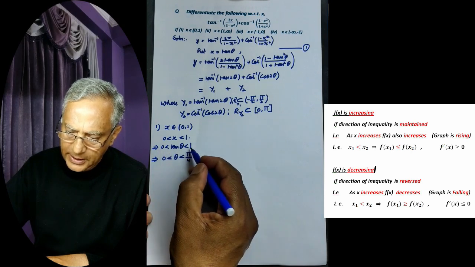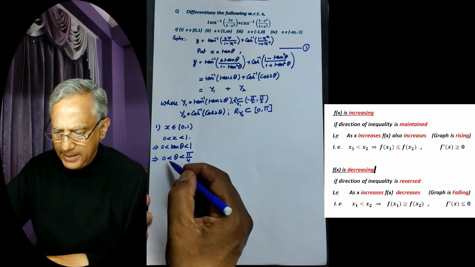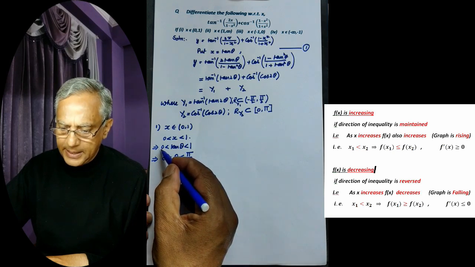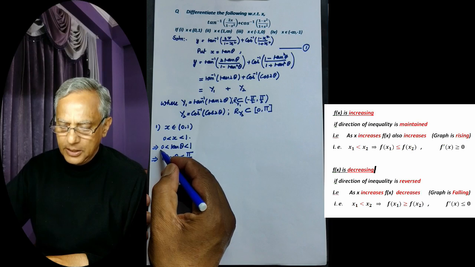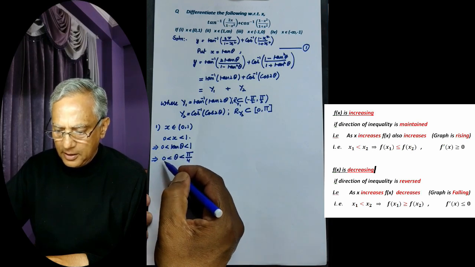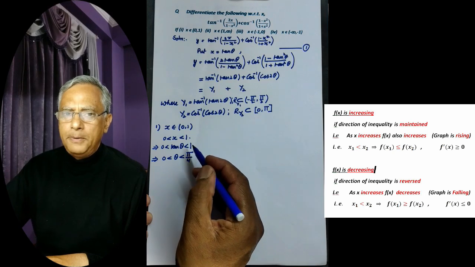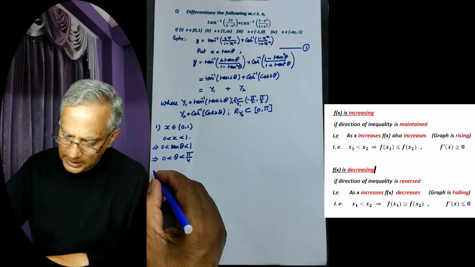Tangent of 0 is 0 and tangent of pi by 4 is 1, and this is a monotonically increasing function, so the trend will be maintained. So for this, theta must lie in 0 to pi by 4. You can also keep the graph of this function in mind.